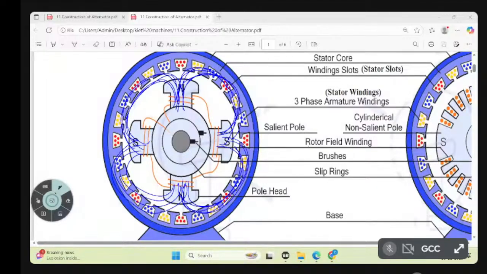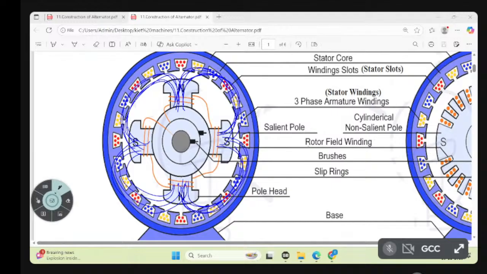With respect to construction, there are two main parts, stator and rotor. Stator consists of stator slots. In the slots we keep the conductors, three phase conductors R, Y, B. In order to differentiate, we give the color code red, yellow, blue. Three different conductors 120 degrees apart are placed in the stator.